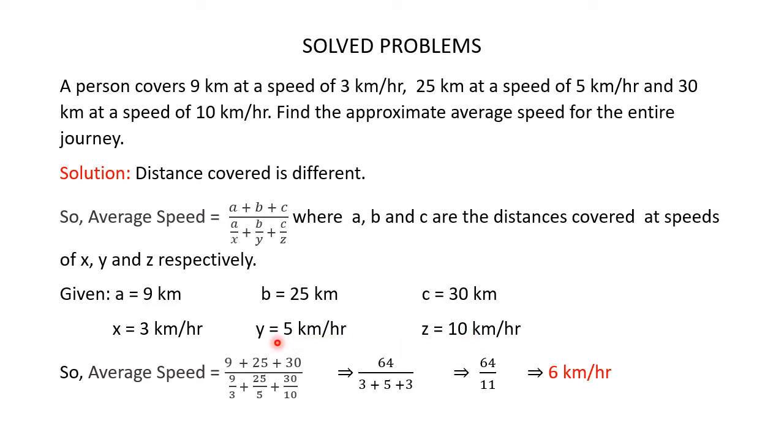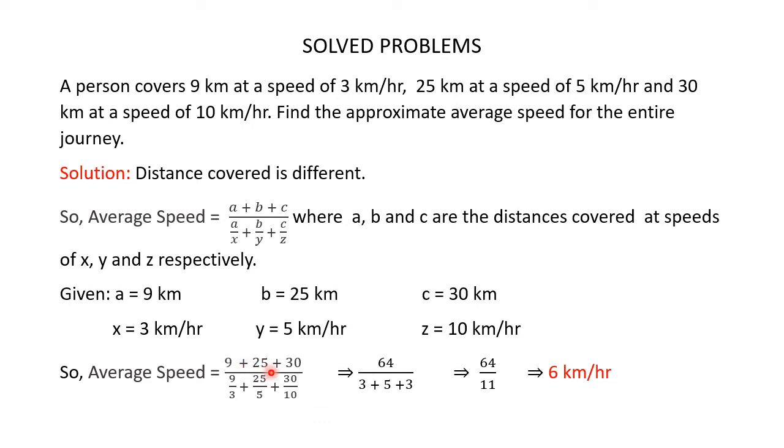Now substituting these values in the formula for average speed, we get average speed is equal to 9 plus 25 plus 30 divided by 9 by 3 plus 25 by 5 plus 30 by 10.